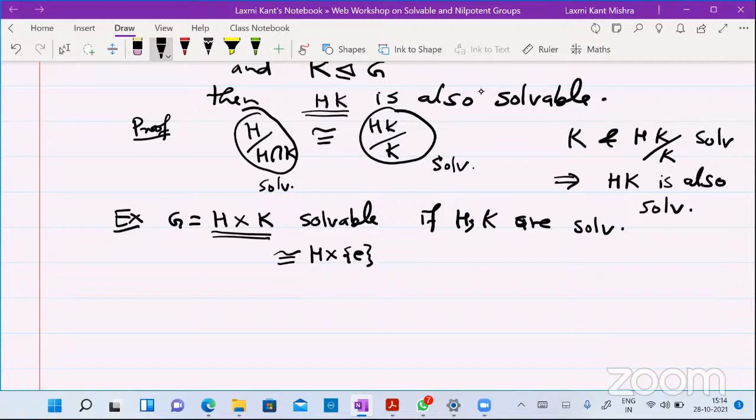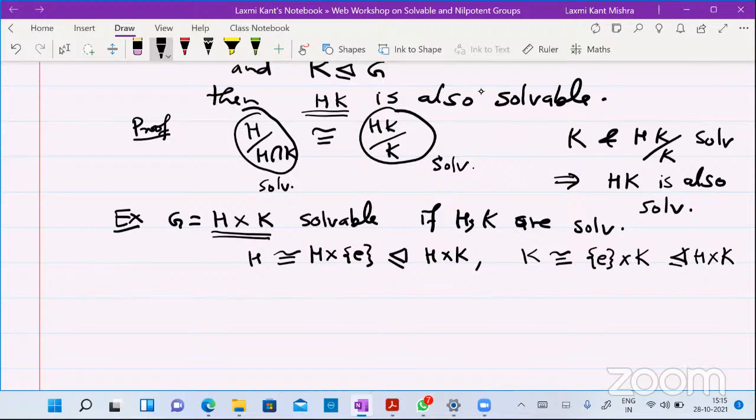This is isomorphic to H, and this is a normal subgroup of H cross K. Similarly, K is also a normal subgroup, not in this form, but we can say this is normal in H cross K. Okay, so both are normal.